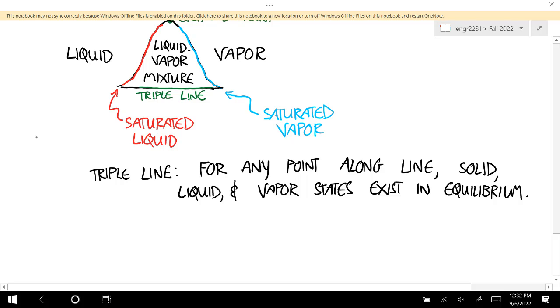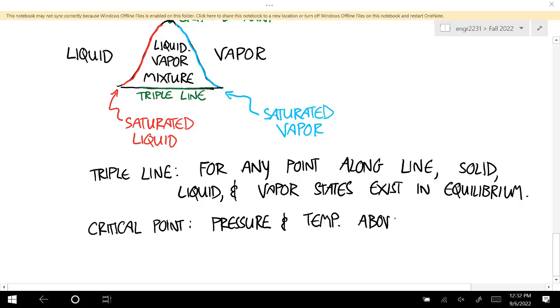The second definition is the critical point. And that is a pressure and temperature above which there's no distinction between a vapor and a liquid.